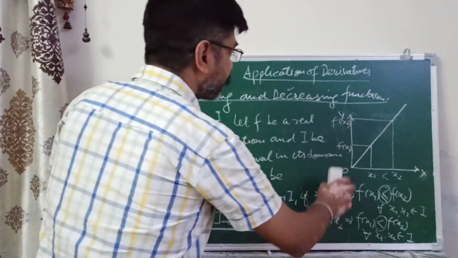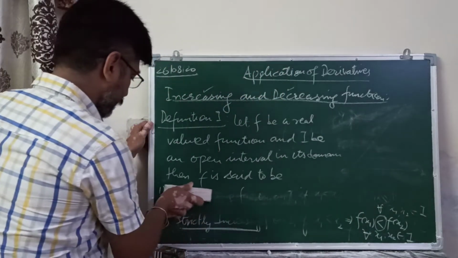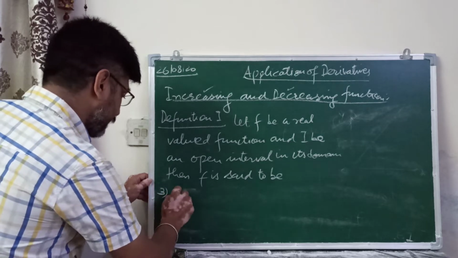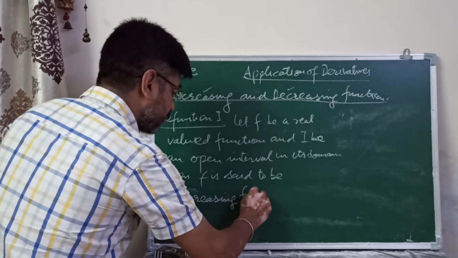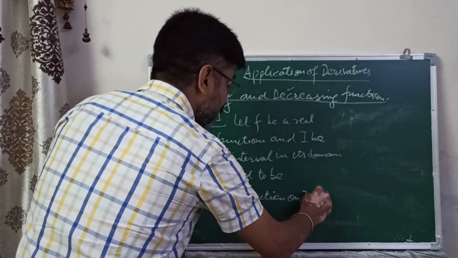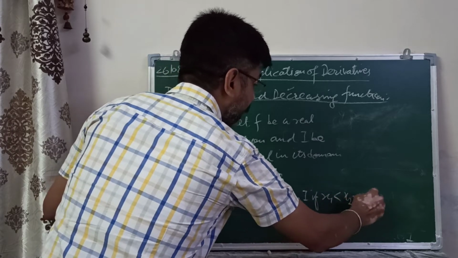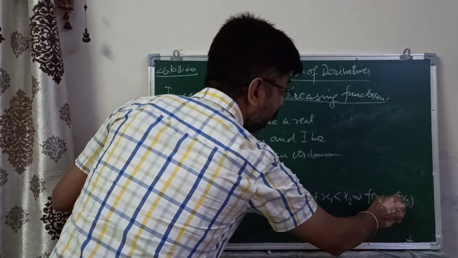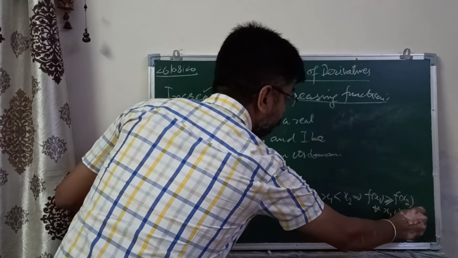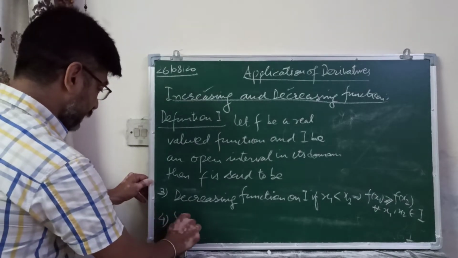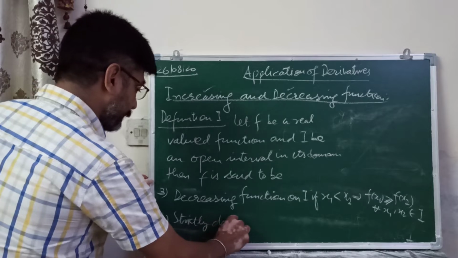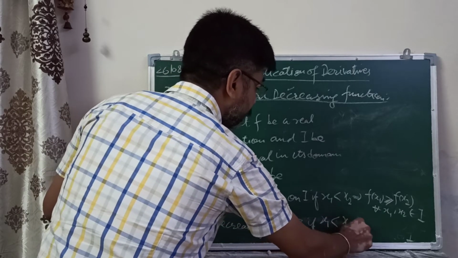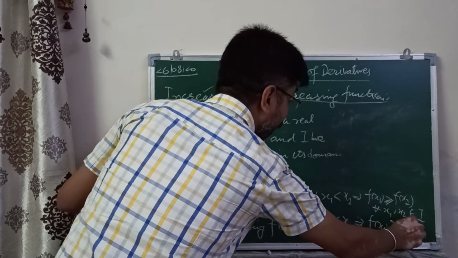Now what about decreasing? Third point, for decreasing function on interval I: if x1 less than x2, it implies fx1 greater than or equal to fx2, for every x1, x2 belongs to I. And fourth point, strictly decreasing: f on I if x1 less than x2, it implies fx1 is always greater than fx2.